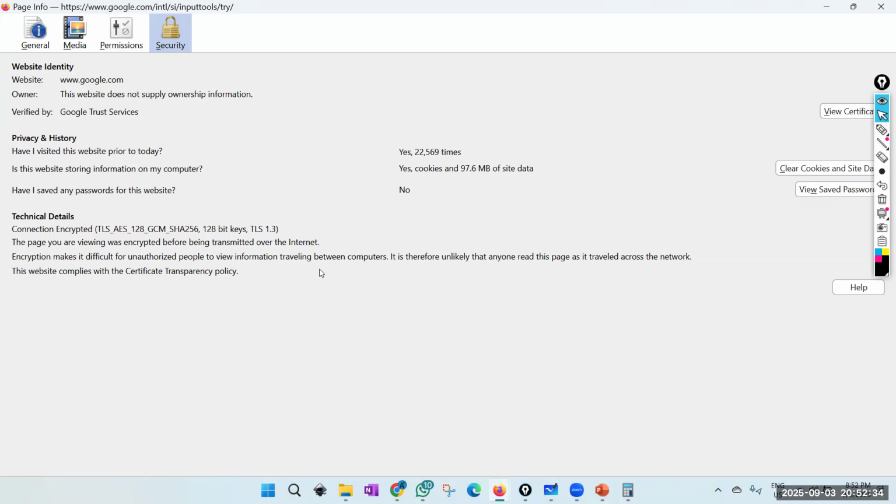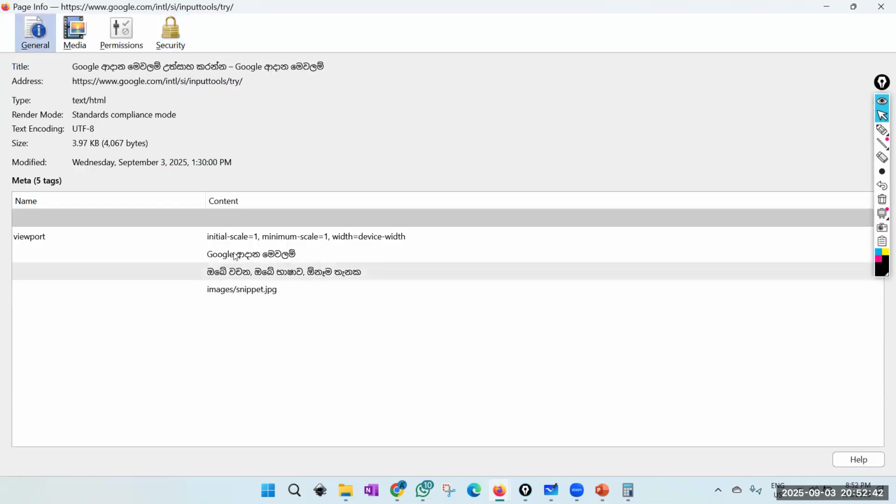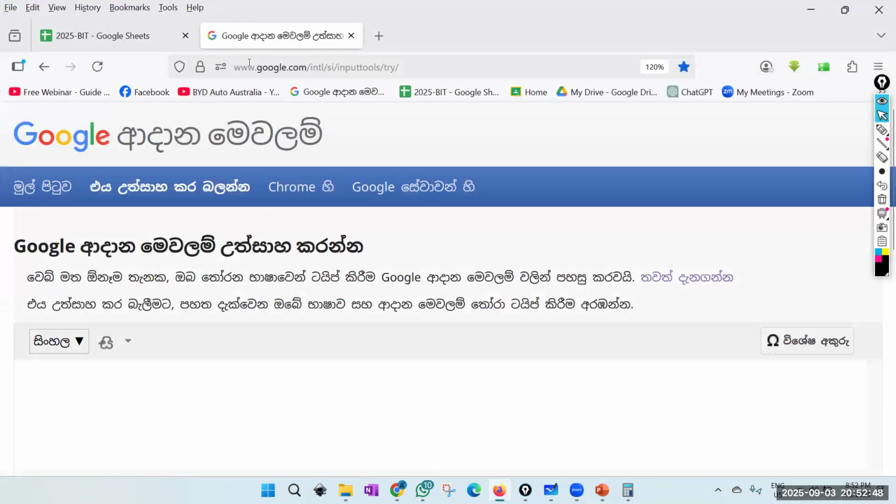Can anyone see something like RSA or ECC? Maybe Facebook.